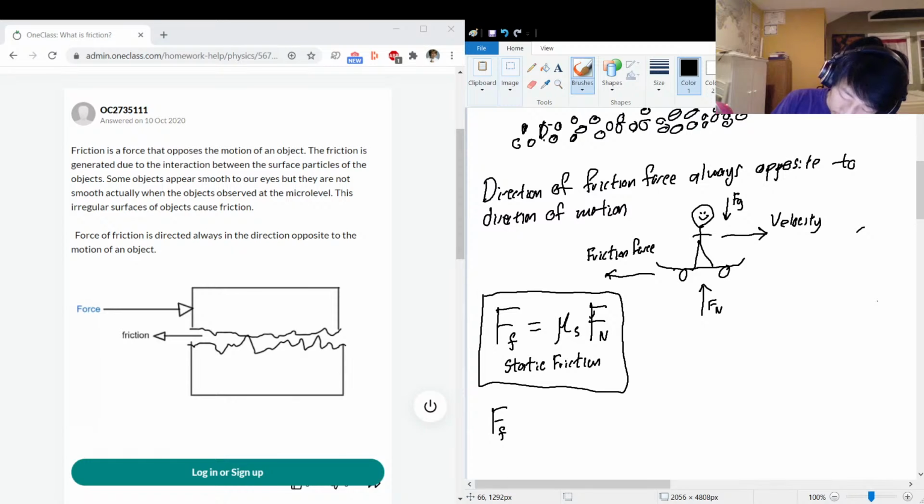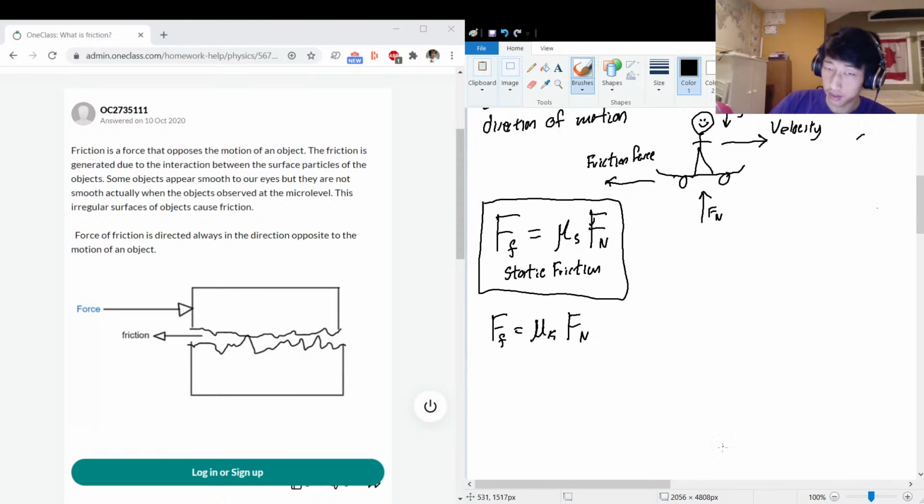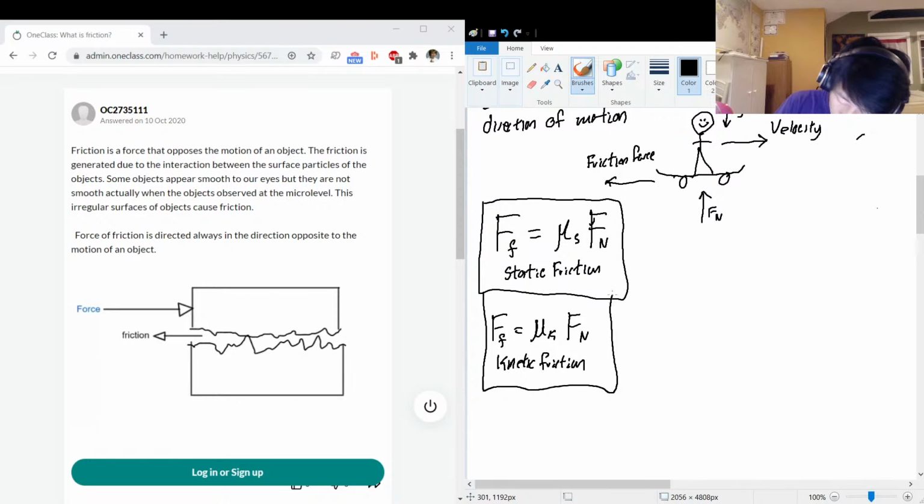And for FF, we could also have mu k, not UK, United Kingdom, that's a country. Besides static friction, we also have kinetic friction. Kinetic friction is typically going to be lower than static friction.